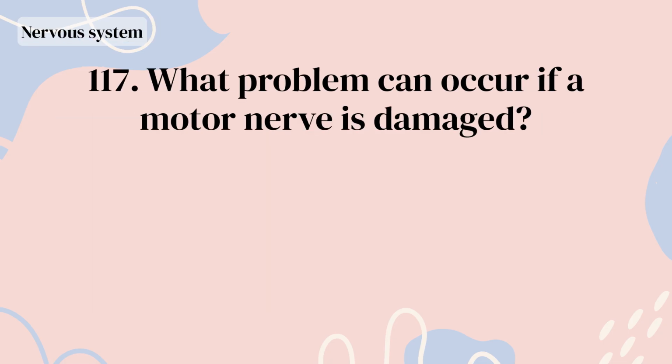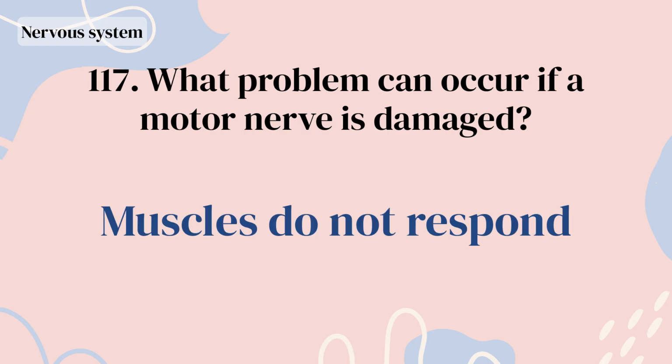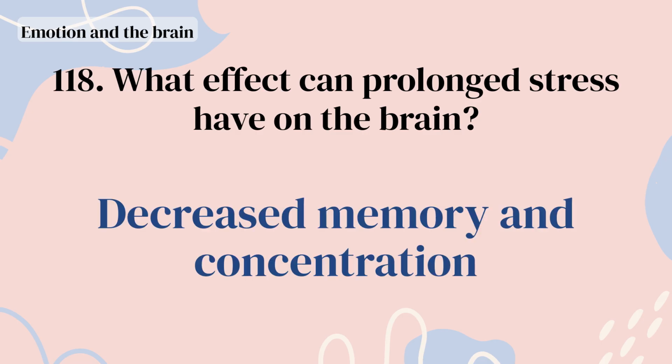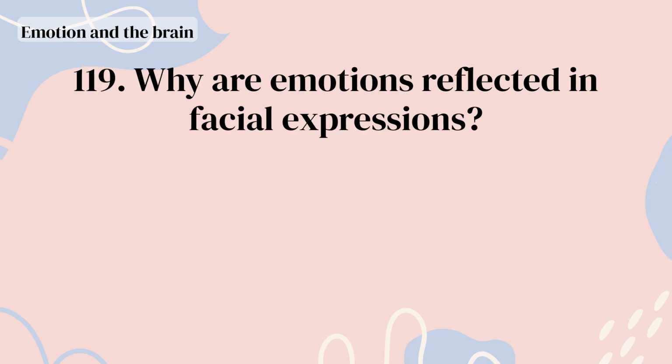What problem can occur if a motor nerve is damaged? Muscles do not respond. What effect can prolonged stress have on the brain? Decreased memory and concentration. Why are emotions reflected in facial expressions?